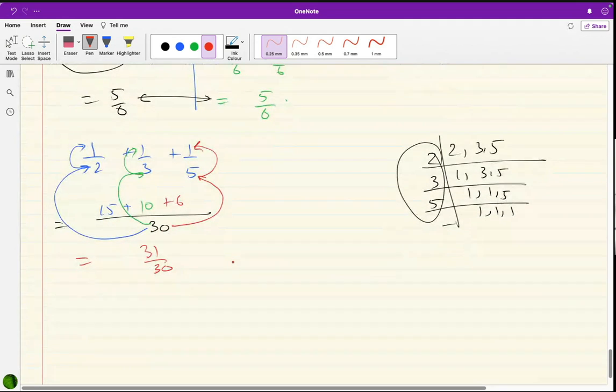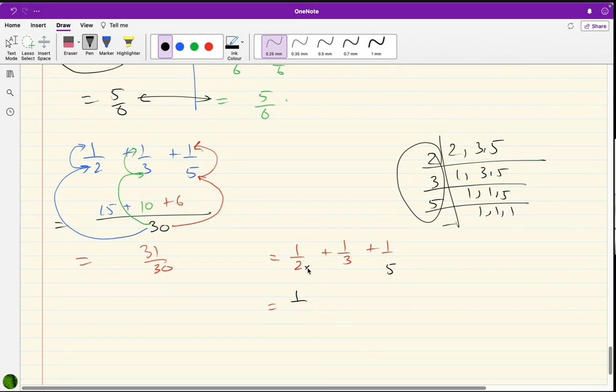On the other hand, if we use the conventional methods, which were very helpful, in these fractions I should know which number to multiply with to make all of these the same.